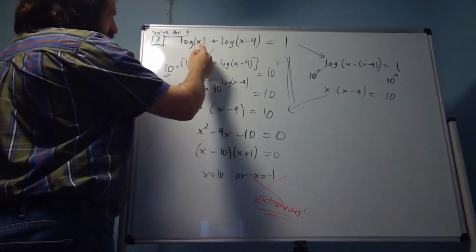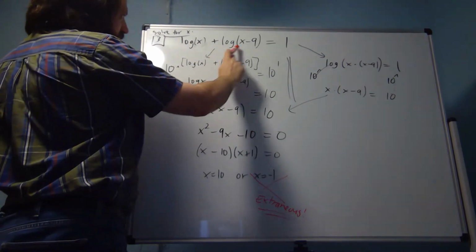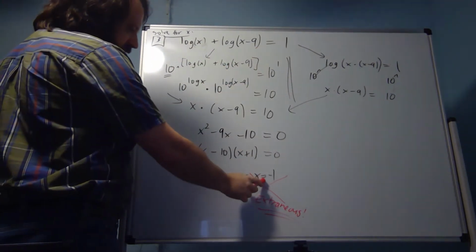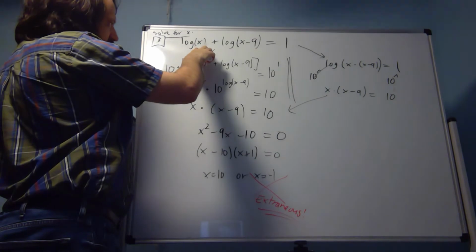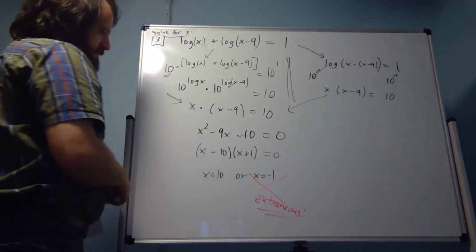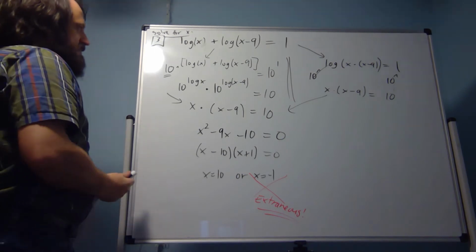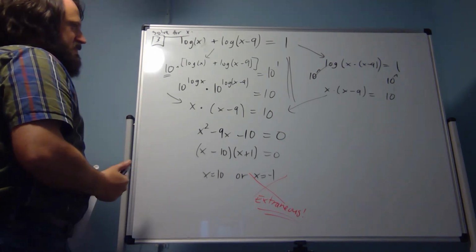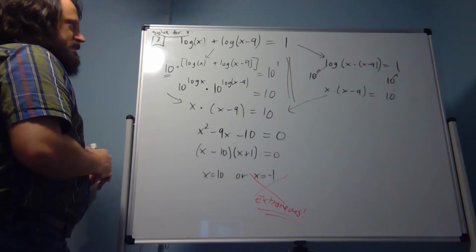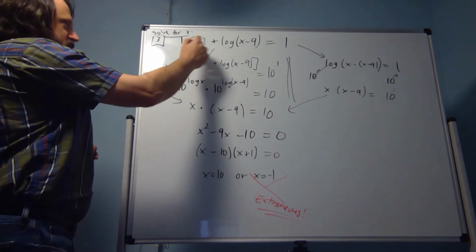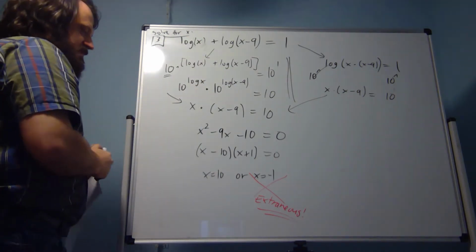So the very first thing that you had was log of x plus log of x minus 9. Well, oh no, I have to take log of minus 1. If you plug that in your calculator, you'll get an error because logarithms, their domain is strictly positive, not including 0. You have to take log of a positive number, or else everything is broken.